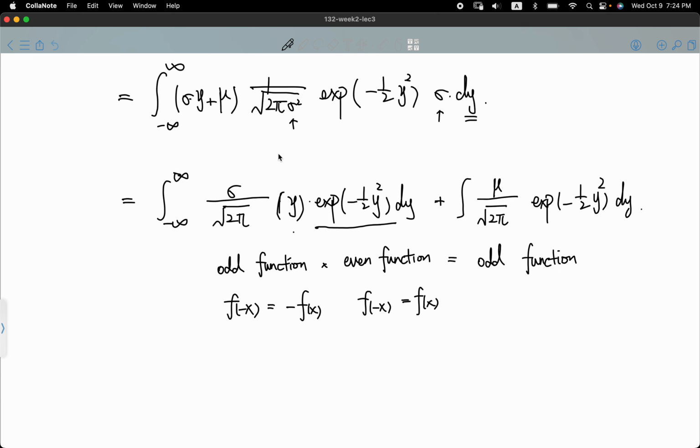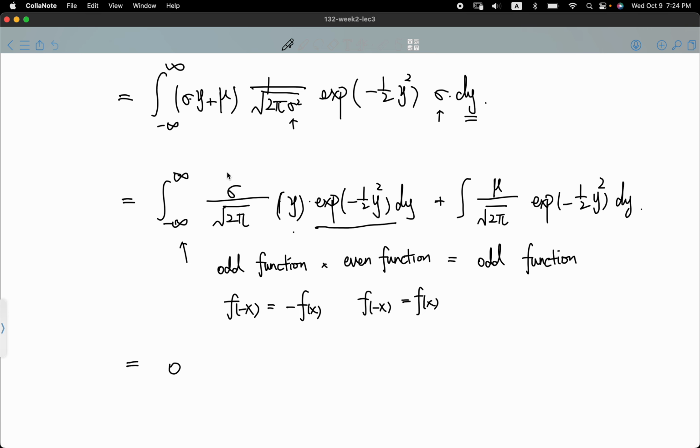What is different from before is that we evaluate the integral from negative infinity to positive infinity. In this case, the integral of an odd function is equal to 0.